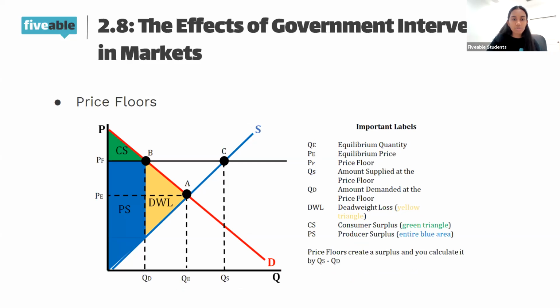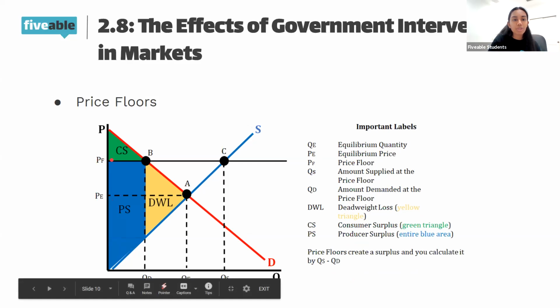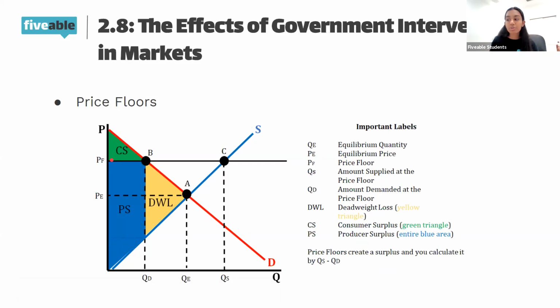And there's also things called price floors, which are pretty much the exact opposite of price ceilings. For a price floor to be binding, it has to be above equilibrium price. A price floor is basically setting a minimum for a price if the government believes that the market price is too low.